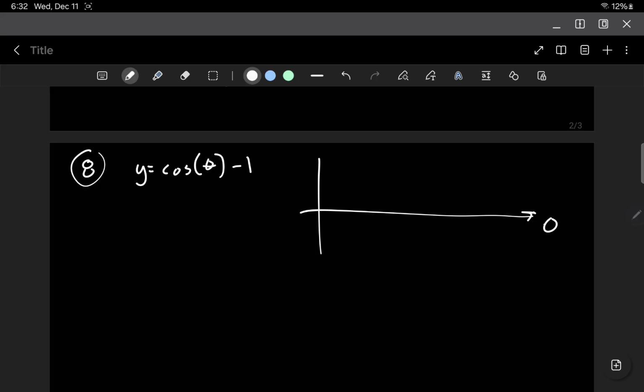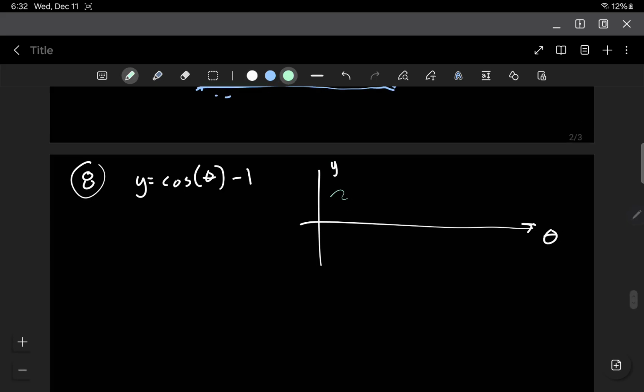For number 8, this was y equals cosine of theta minus 1. Our normal cosine curve, cosine of theta, looks like this, where it starts at 1 and goes down to -1.